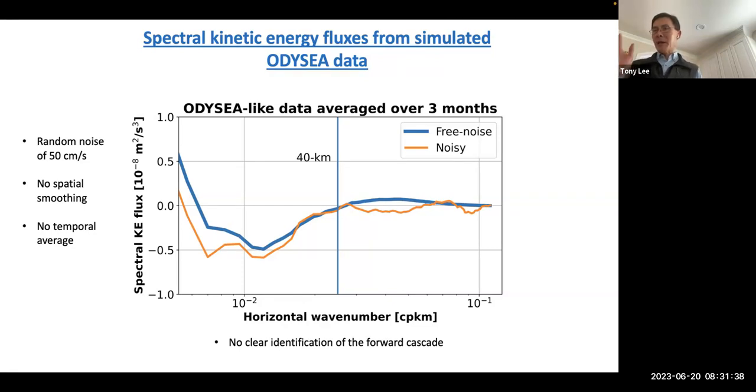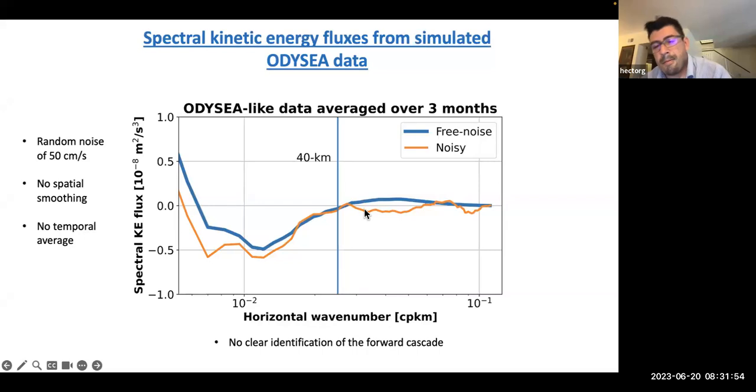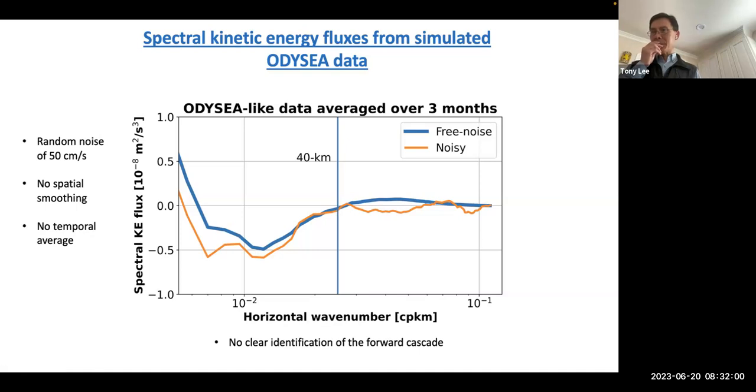And if you take those basin average and multi-year average, so that gives you like, I don't know, 10, 12 realization. I wonder whether that will have the same effect of making the blue and orange curve similar, without killing the spectral energy flux at high wave number.